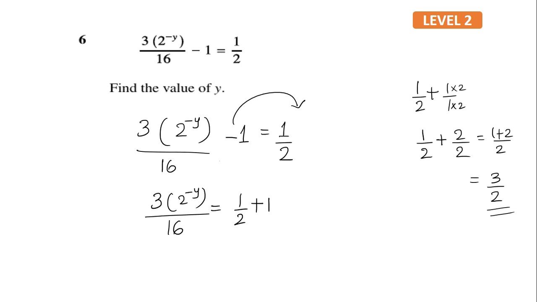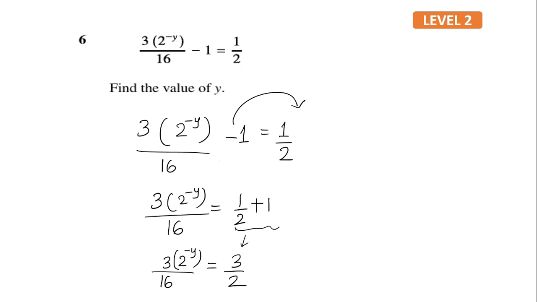So this part is going to be 3 over 16, and I have 2 to the power minus y here, and it's equal to 3 over 2. So this part is replaced by 3 over 2. I'm just writing the same equation here. 3 over 16, 2 to the power minus y is equal to 3 over 2.